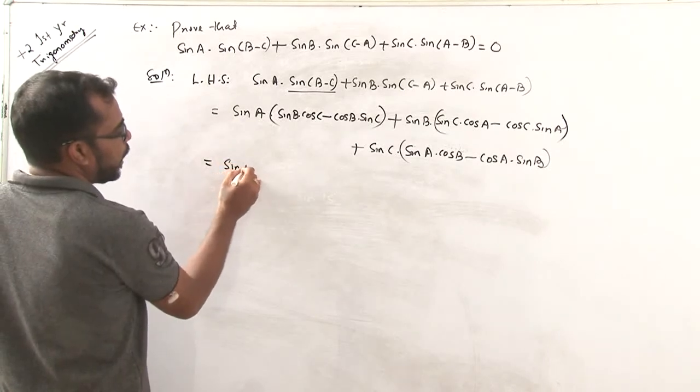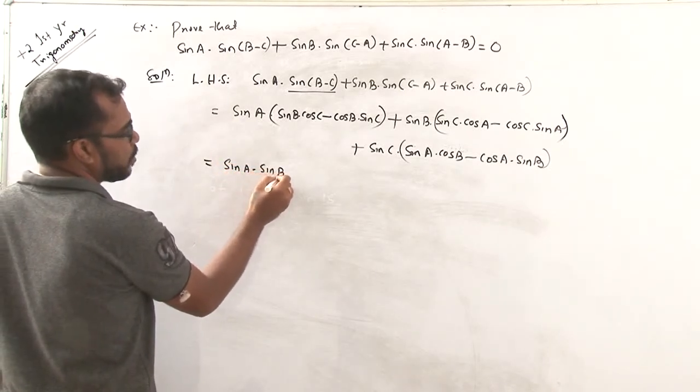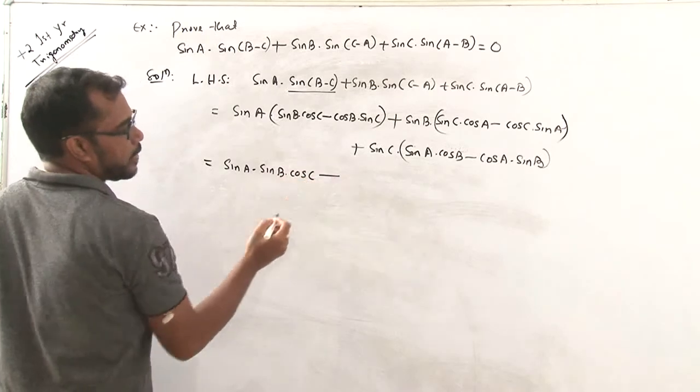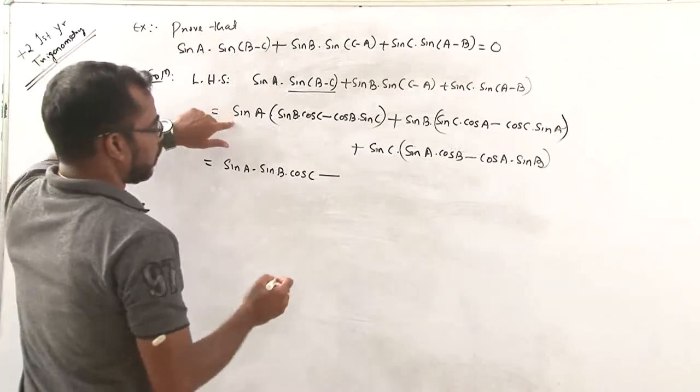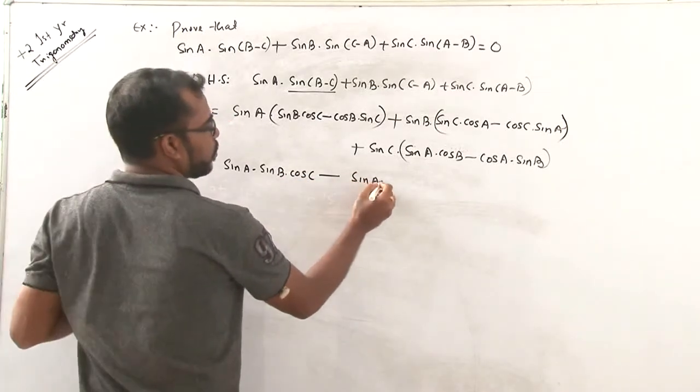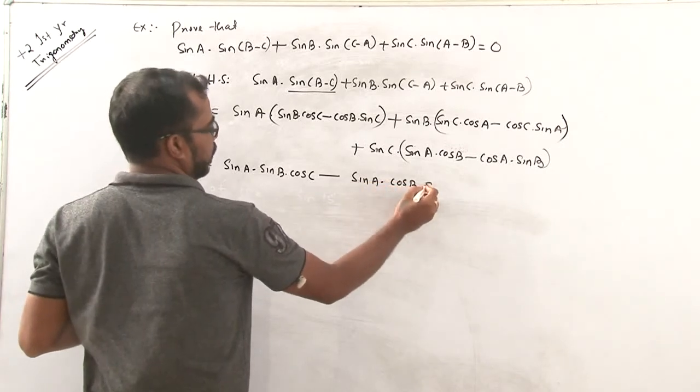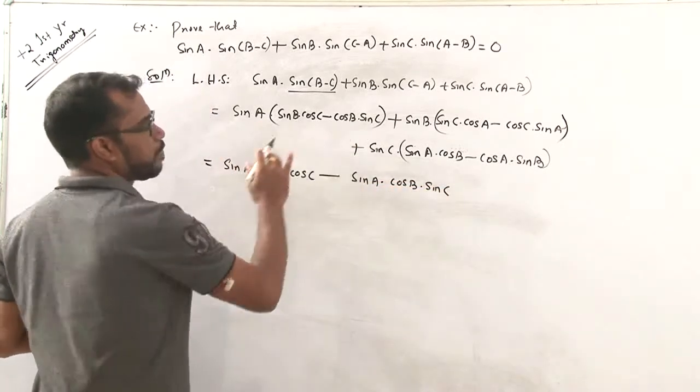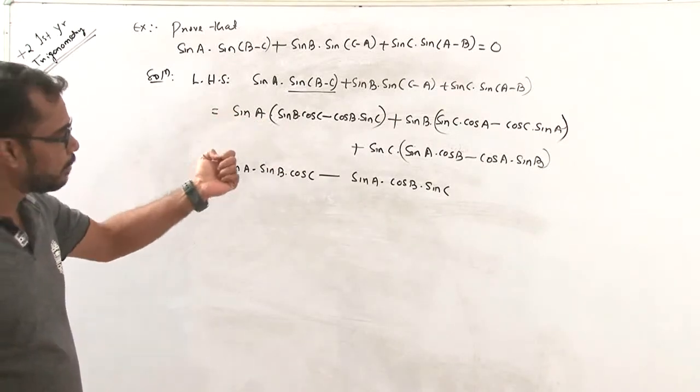If we break the bracket, then we can multiply simply. So here you can write sin A sin B cos C minus sin A cos B sin C. This is the first part to multiply.